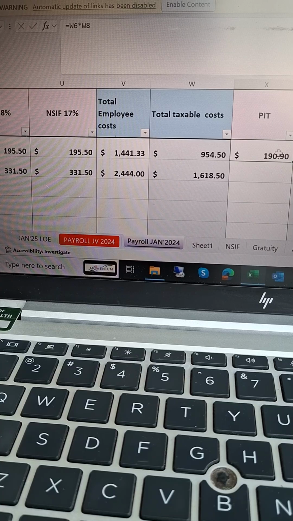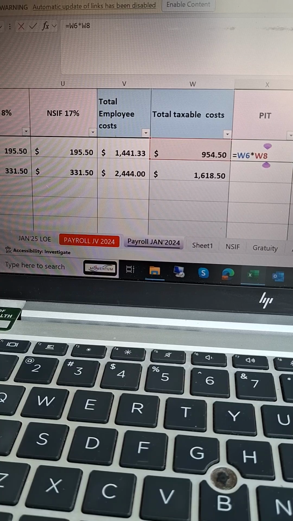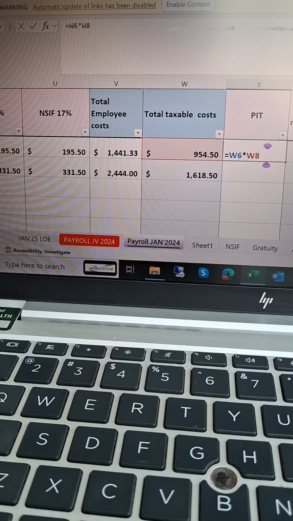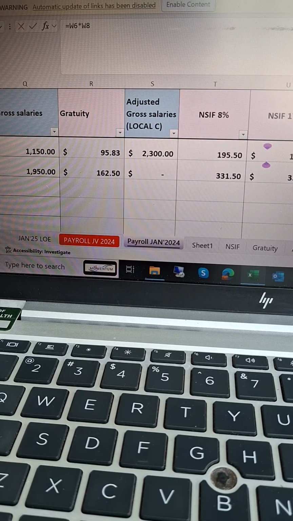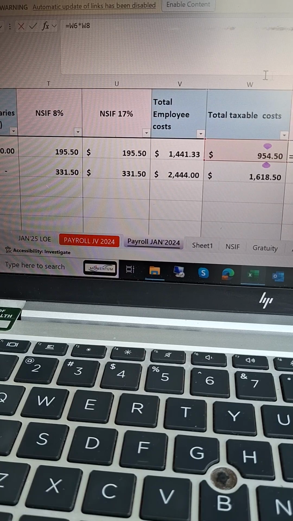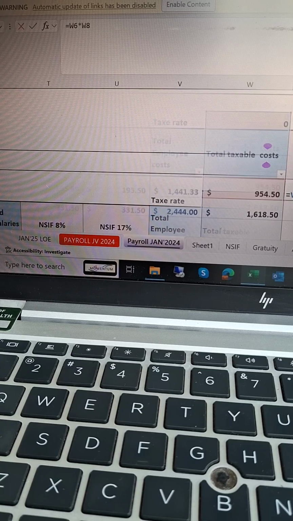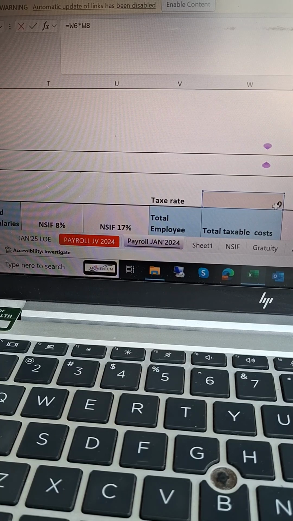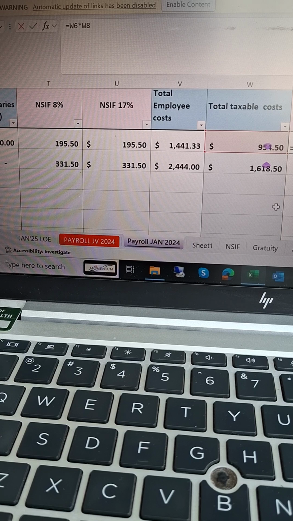I mean to say, you click on it, you identify where W is. W6 times W8. So your W6 should be up here. So this is the tax. You see the tax is here. Okay, so let's now do it.